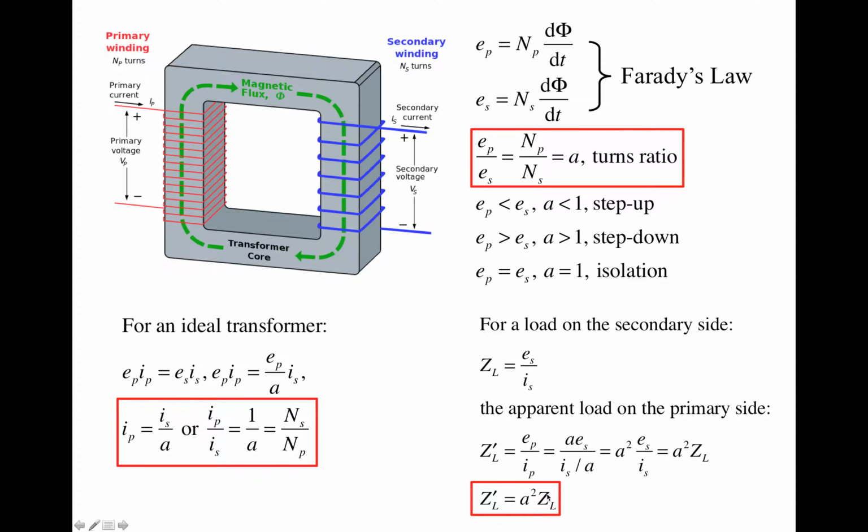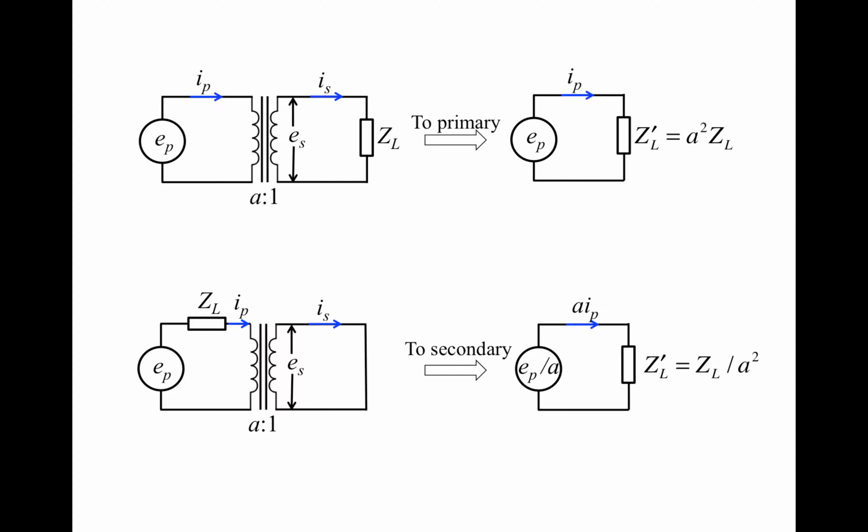For a step-up transformer, this apparent impedance is going to be smaller than the actual impedance, because A is smaller than 1, so A squared is still smaller than 1. But for a step-down transformer, the apparent impedance is going to be larger than the actual impedance. So the equivalent circuit of an ideal transformer looks like this.